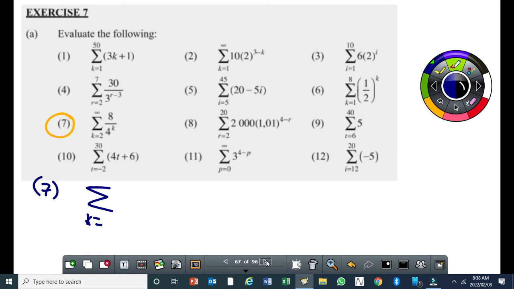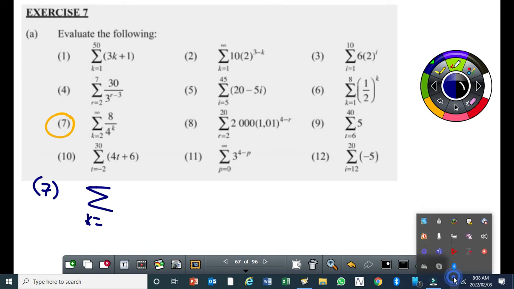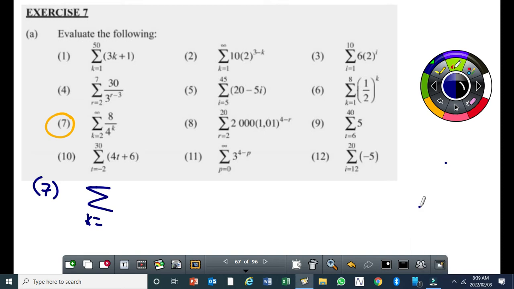Alright, let's get on. Okay, do something. Sometimes, you know, as you get older, you start to realize that you wish probably you were younger. You understand?